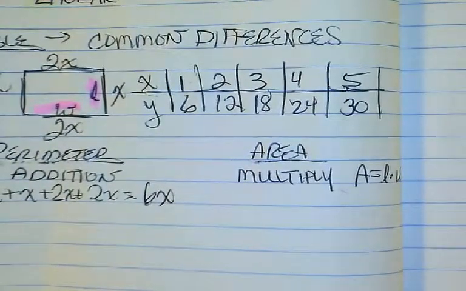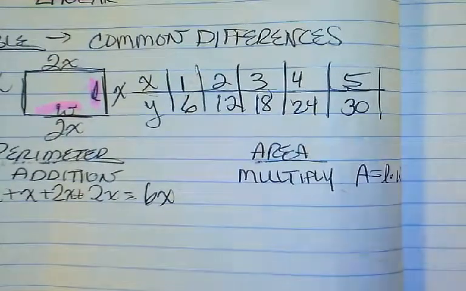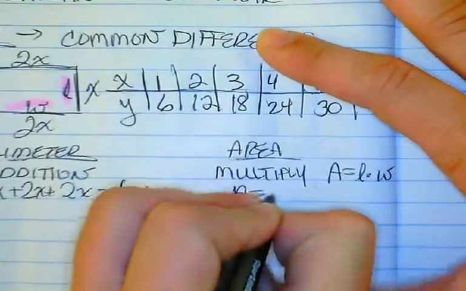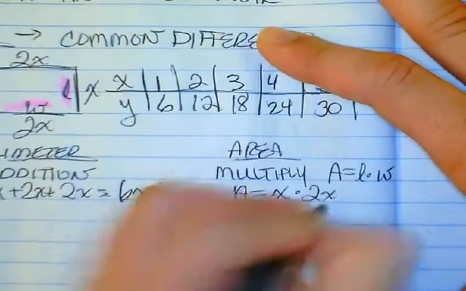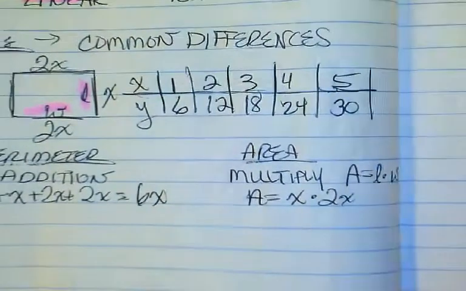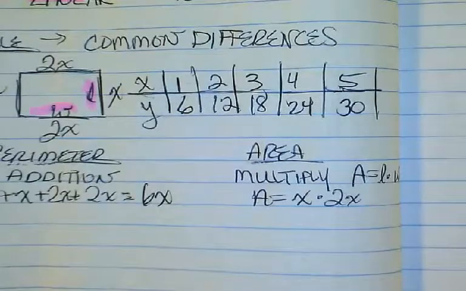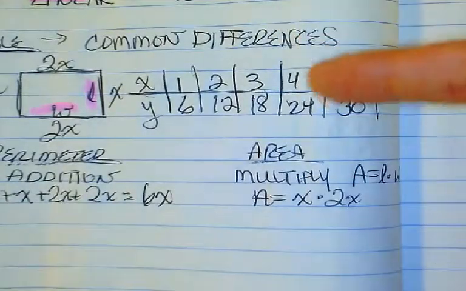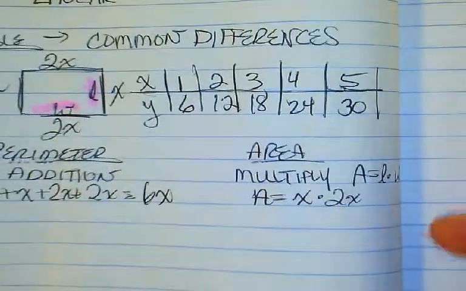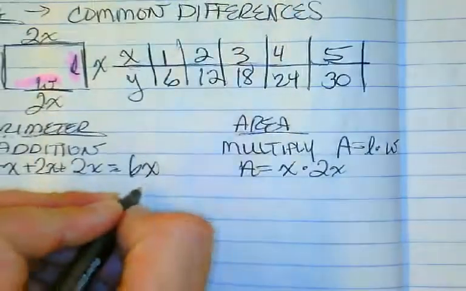Good. So, Andrew helped us out here. We say area is x times 2x. Very good. Now let's do this chart that we just made, but let's do it for area now. So we'll do x and y.